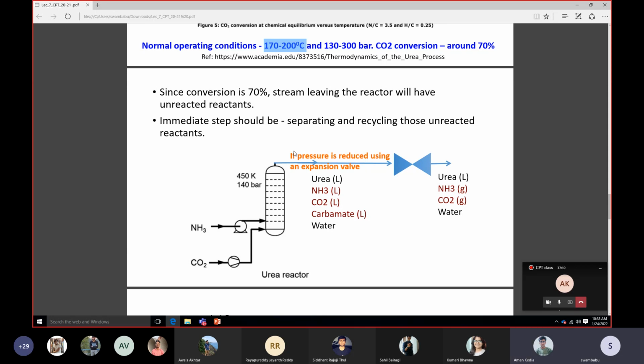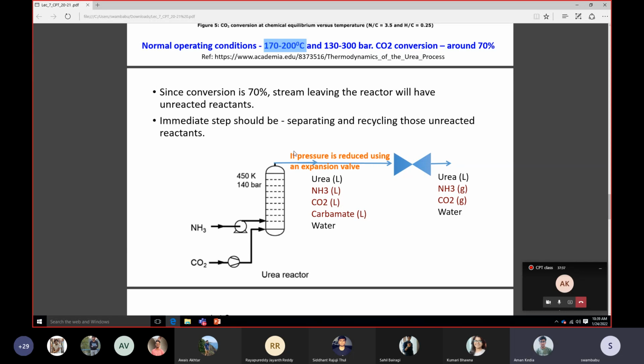Okay, let me ask, what are the reactors available to us? From CRE or whatever I discussed in the unit operations, unit process class, what are the reactors available to us? First one is CSTR. Second one, PFR.